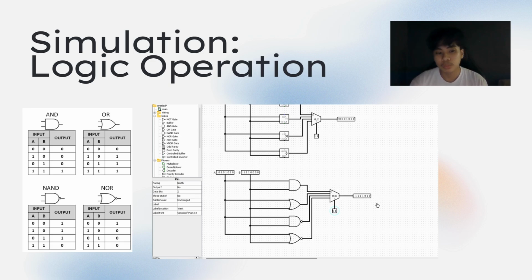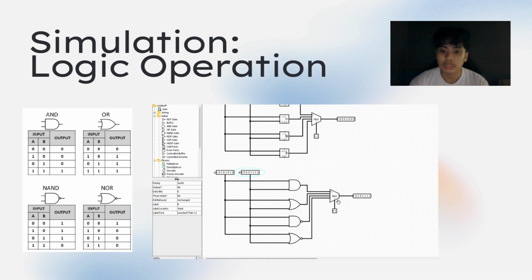So OR outputs 1 if either bit is 1. Let's change the value of B to something else. It automatically changes our output into 1 0 1 0 1 1 1 1.